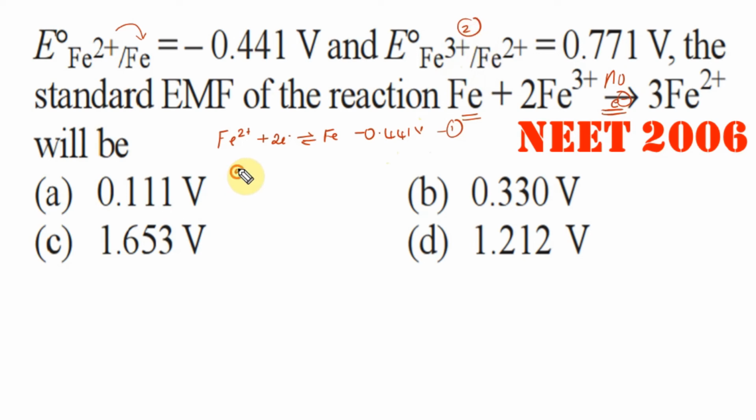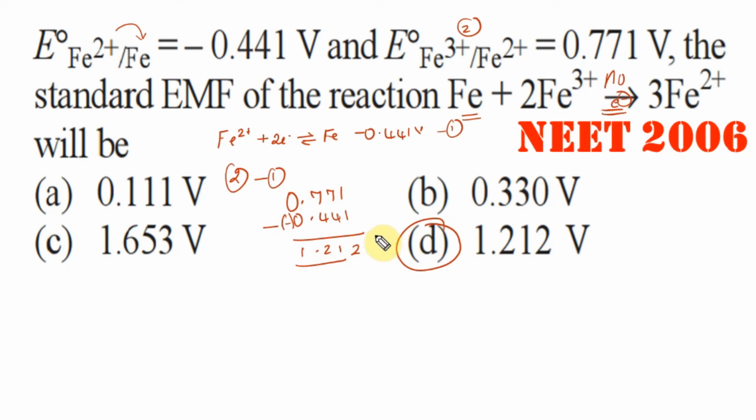So basically I have to do 2 minus 1. If I do 2 minus 1, what I have is 0.771 minus of minus 0.441, so we have 1.212 volts.